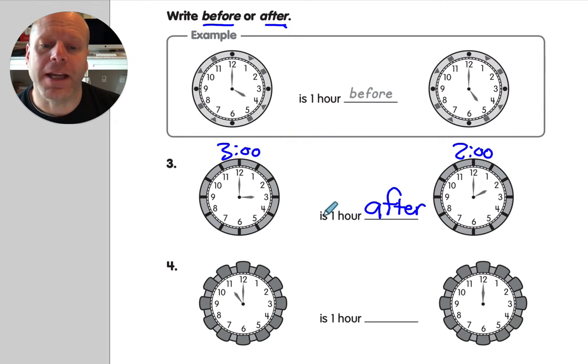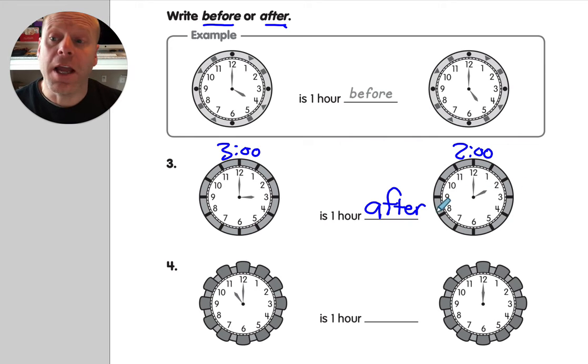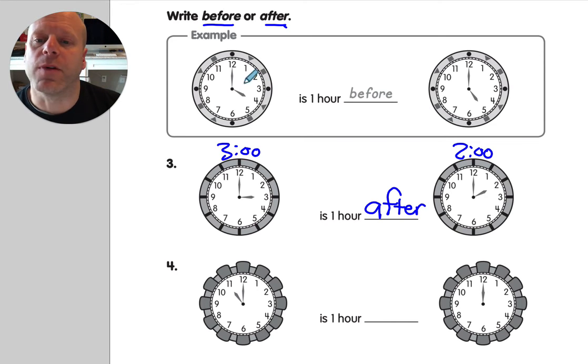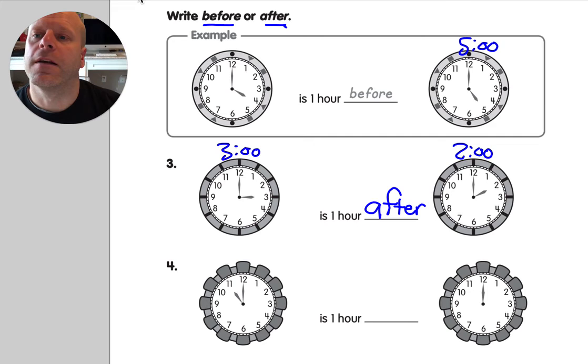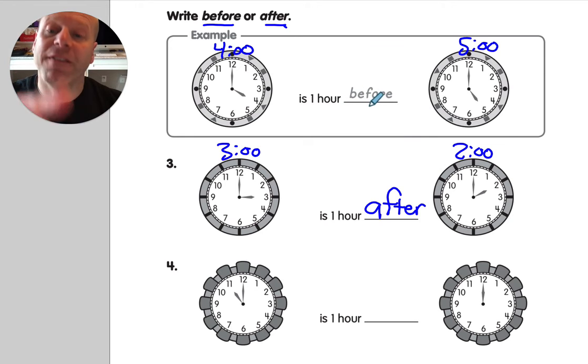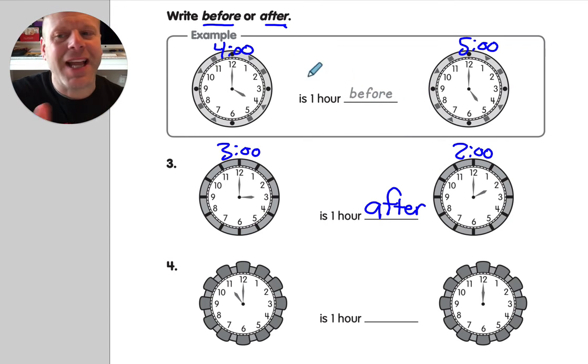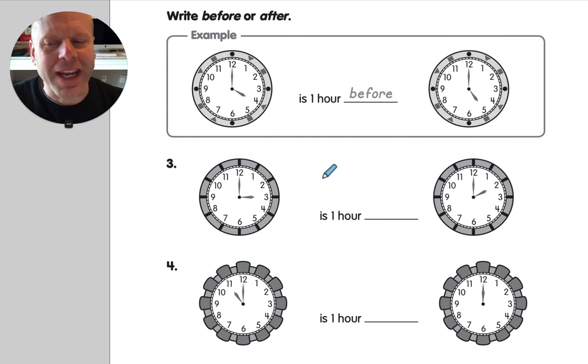Because 3 o'clock is after 2 o'clock. My suggestion is to do the times first and then see which word makes sense in here. Because when I did this one, 5 o'clock, and I did this one, 4 o'clock, 4 o'clock is 1 hour before 5 o'clock.